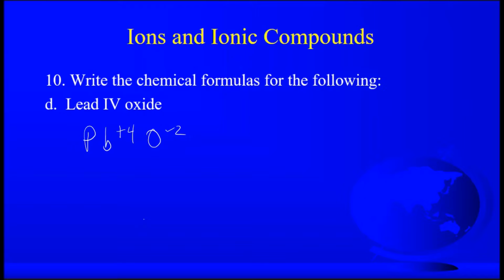Can 2 go into 4? Can 4 go into 4? Okay, so 4 is the least common multiple. So 4 goes into 4 how many times? 2 goes into 4 how many times? Drop all the charges, just keep the subscripts.